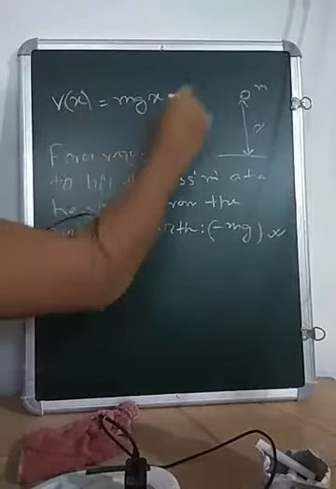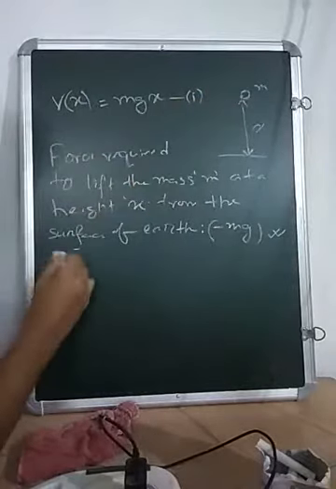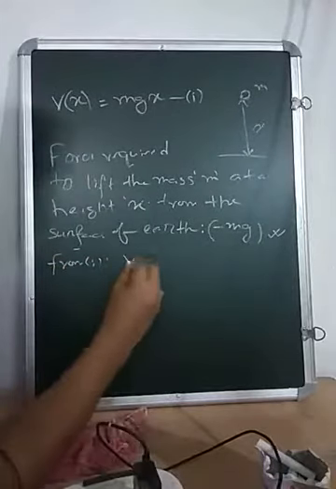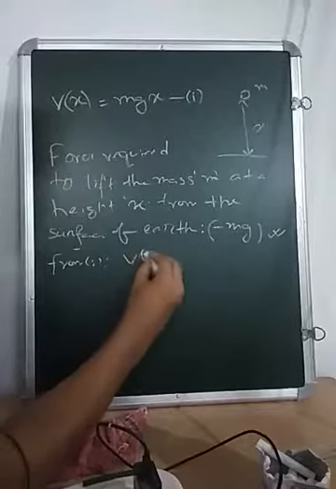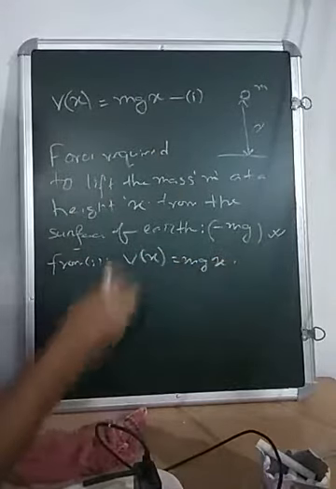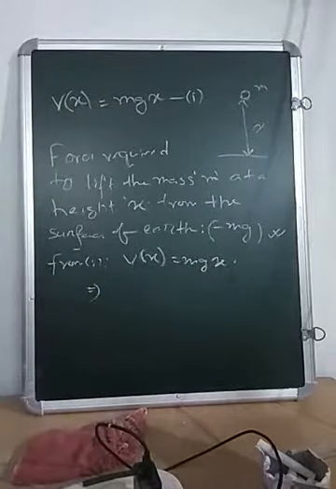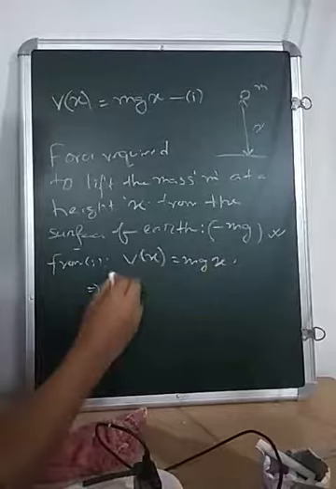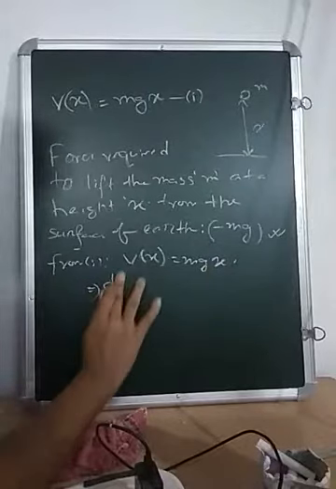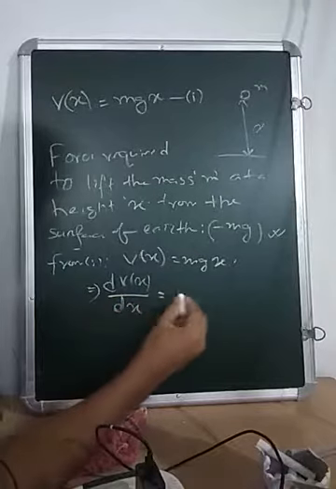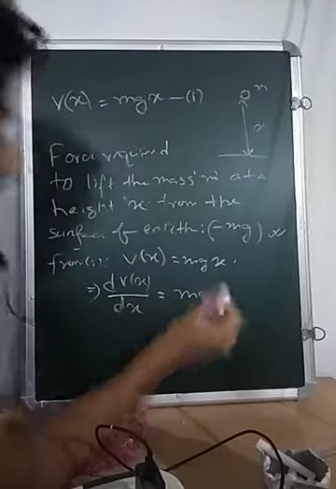So from equation one, what do we get? V(x) is equal to mgx. If we differentiate V(x) with respect to x, what do we get? dV(x)/dx is equal to mg.